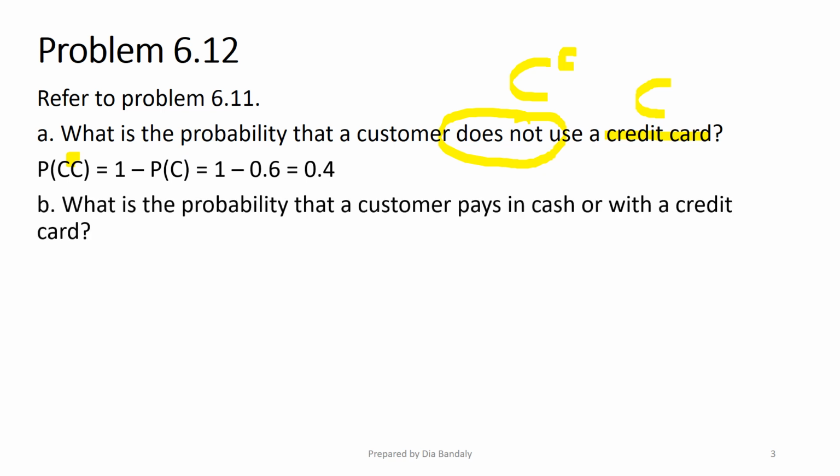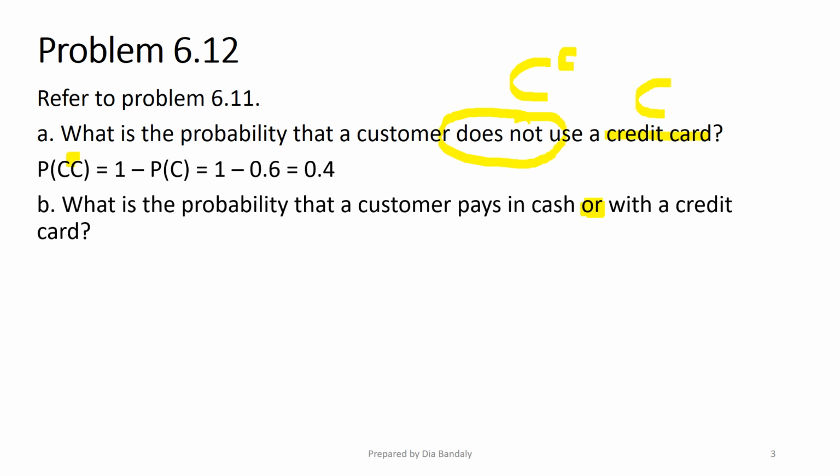Part B, what's the probability that a customer pays in cash or with a credit card. So here we have a key word, which is or. Okay, and this should remind you of which rule? The union rule, which says that the probability of an event A or an event B to happen, what do we do? We sum up their probabilities.